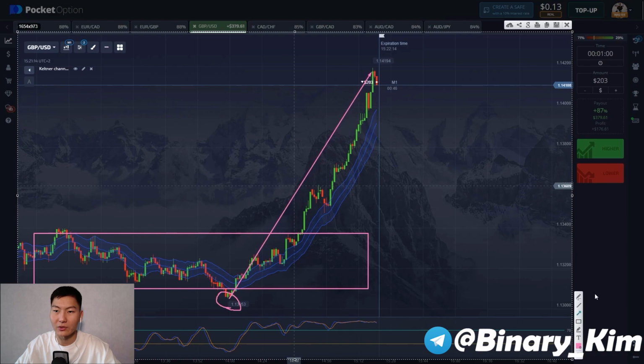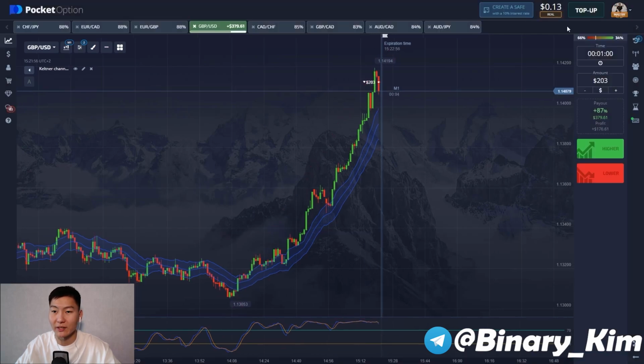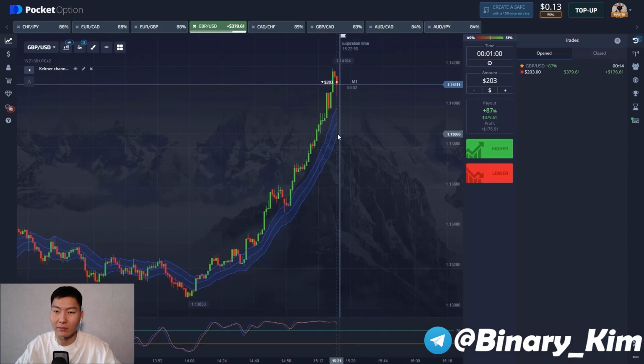So the correction should be more or less equal to the pump, because the price previously rocketed up. We see the same picture on the stochastic, very strong upward dynamics that tells us that the price is likely to go down. That's why we opened the short position here.